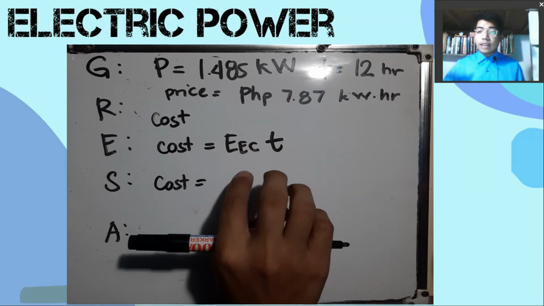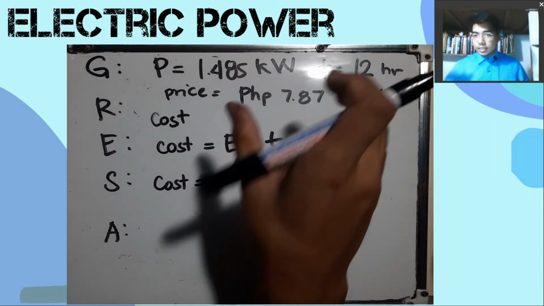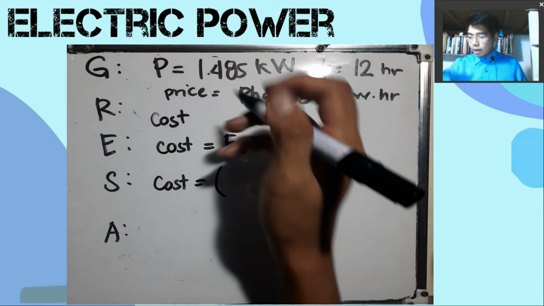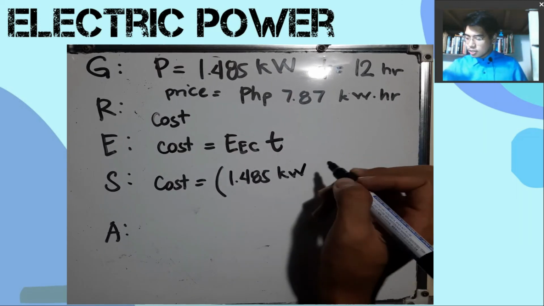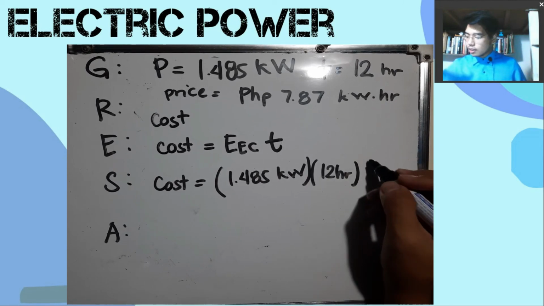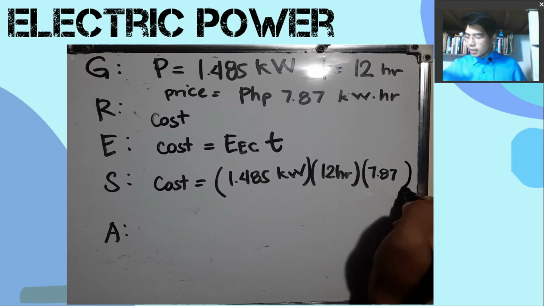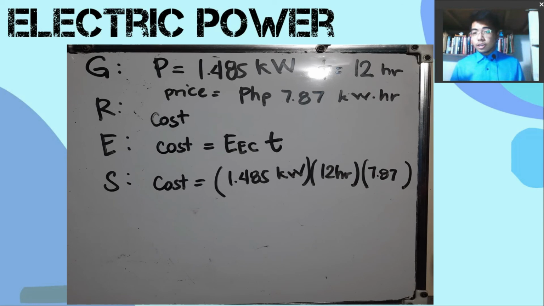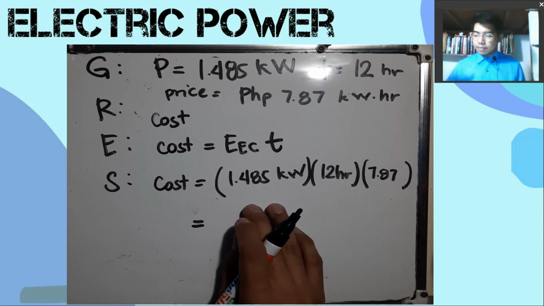Then for the cost, since we do not actually have the direct answer for the electrical energy consumption, let's include here the power, which is 1.485 kilowatts times 12 hours. Then let's consider the price, which is 7.87 pesos. When it comes to the cost, let's first get the total electrical energy consumption for 12 hours. So it is equivalent to 1.485 times 12 hours.